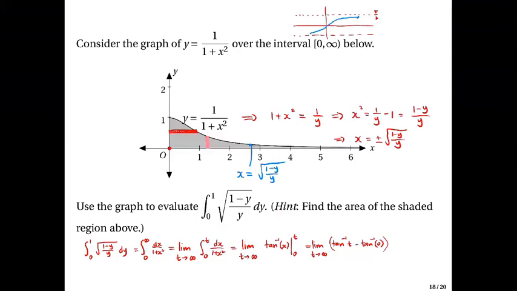So, the limit as t approaches plus infinity is just pi over 2. Questions?